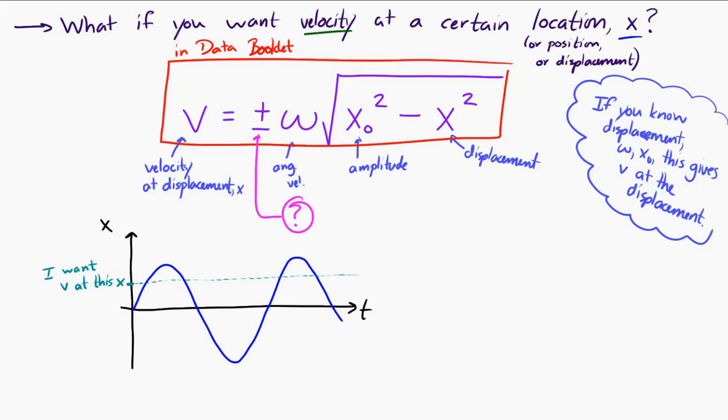If I want to know the velocity when it's at that displacement, it could have two possible velocities. It could either have a velocity that's positive or a velocity that's negative. That's why we have the plus or minus. At every given displacement of the oscillating object, the velocity could either be positive or negative at that location. It depends on where it is, or when it is, in its oscillation.